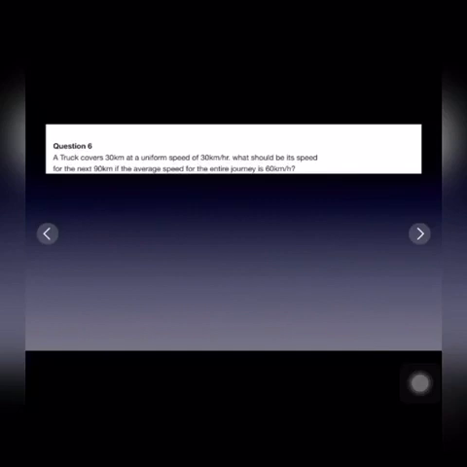A truck covers 30 km at a uniform speed of 30 km per hour. What should be its speed for the next 90 km if the average speed for the entire journey is 60 km per hour?